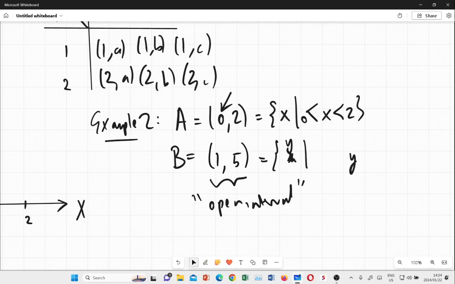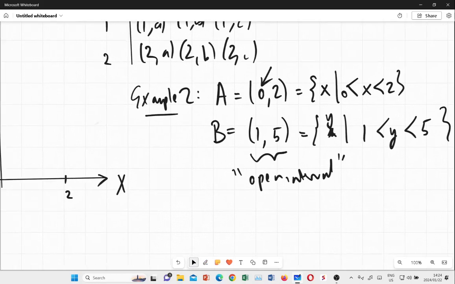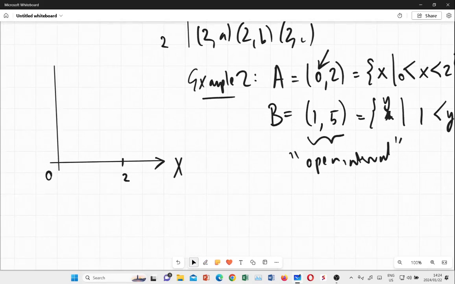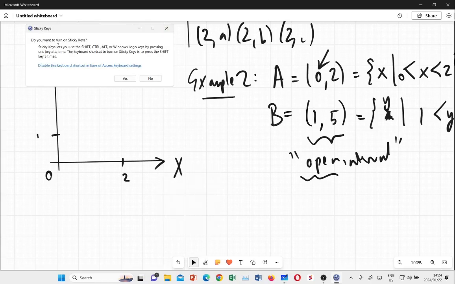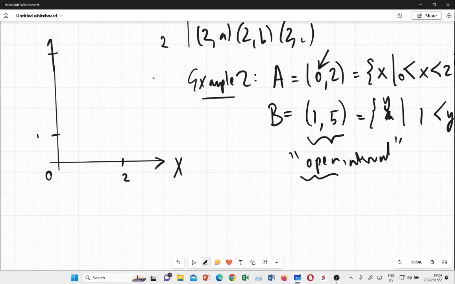So these are all the numbers which start from 1 and end at 5 but excluding 1 and 5. That's why this word open simply means you don't include the endpoints. So B is going to be starting from 1 all the way up to 5.